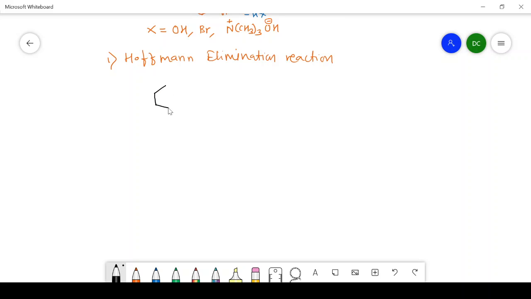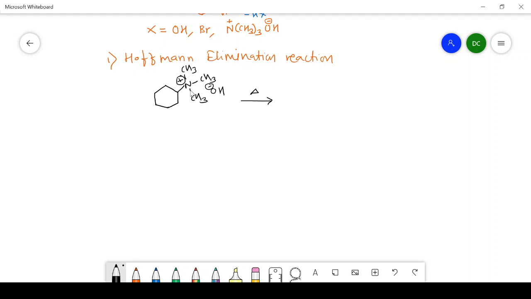I will write here a cycloalkane, because we know that all the methods start from the cycloalkane, and at the position of X I will put here nitrogen, here CH3. Nitrogen is attached with 3 CH3, and the valency of nitrogen is 4 in this case. That's why we have to write a positive charge, and here I will write OH negative. This is the quaternary salt of the cycloalkane, and when it is heated, what will happen?